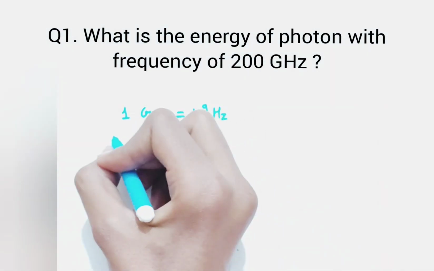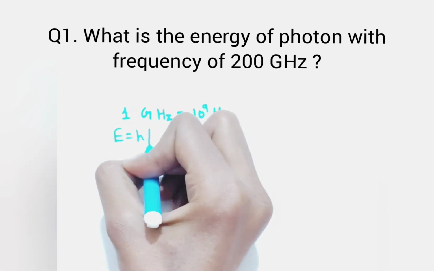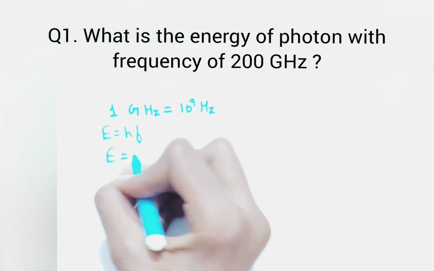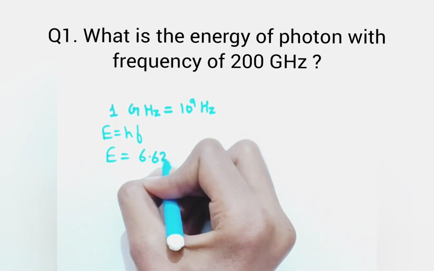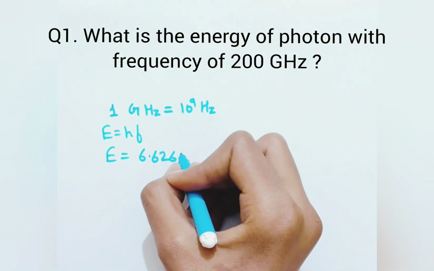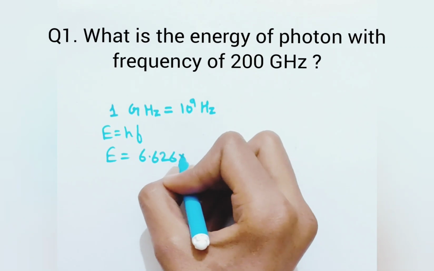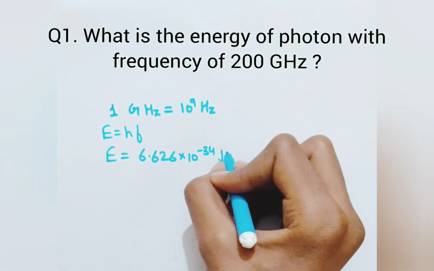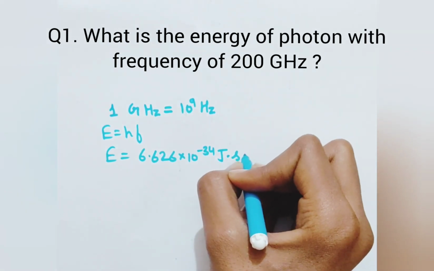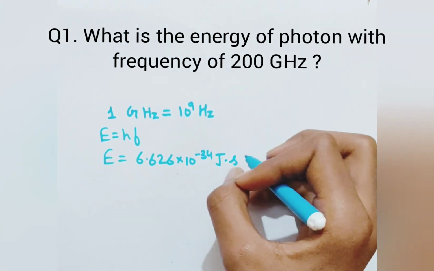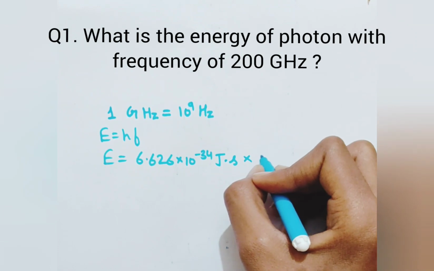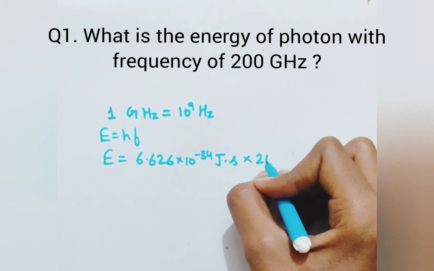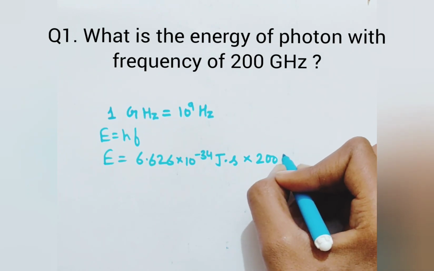From E equals h times f, the energy of that photon is 6.626 times 10 to the power of negative 34 joule seconds, multiplied by f, the frequency, which is 200 gigahertz.